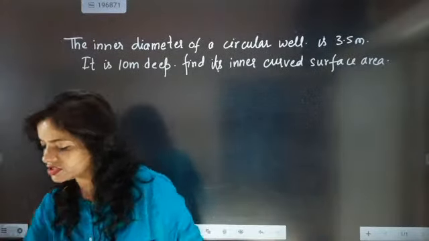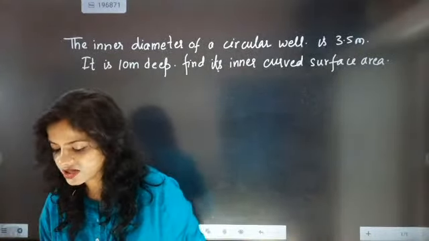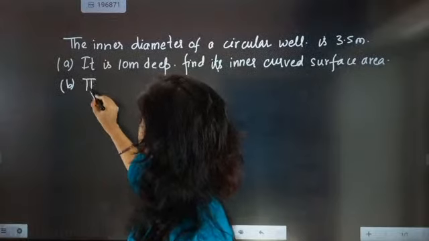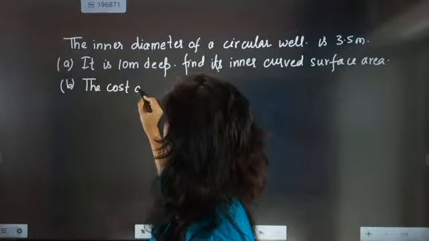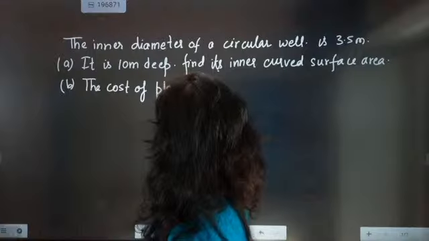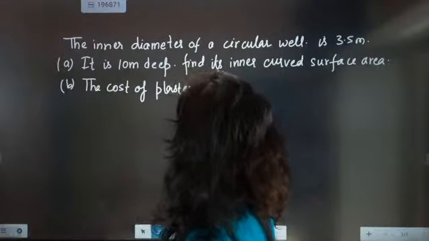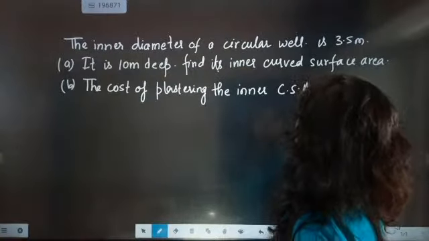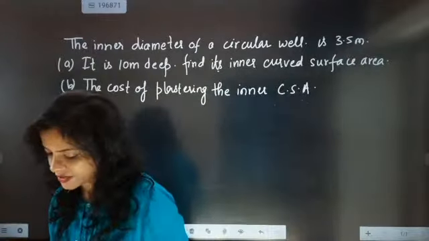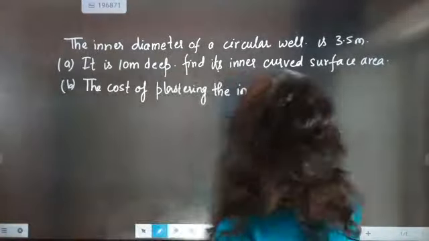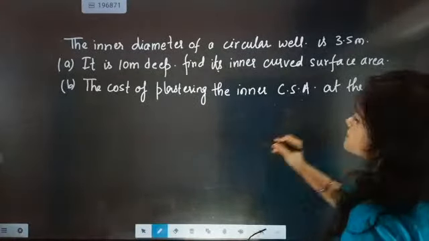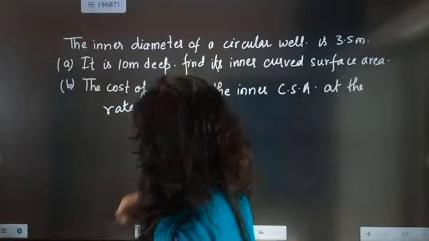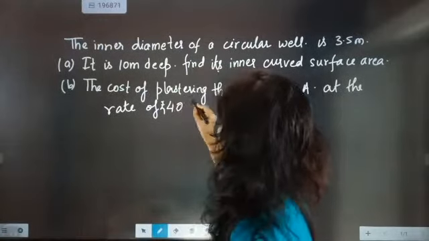The second part of the question is the cost of plastering this curved surface area, the cost of plastering the inner curved surface area at the rate of rupees 40 per meter square.